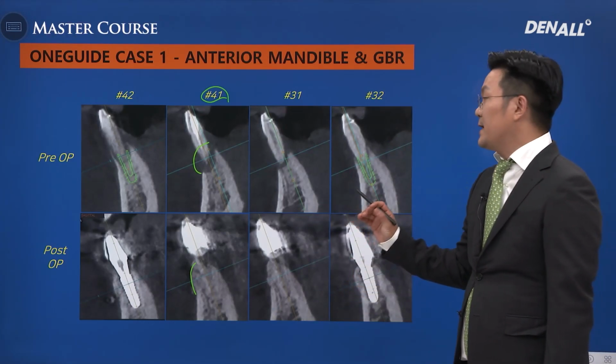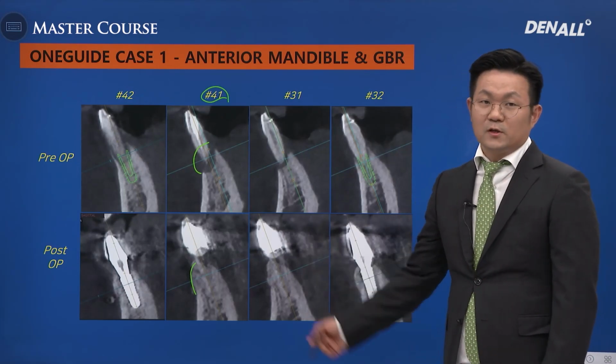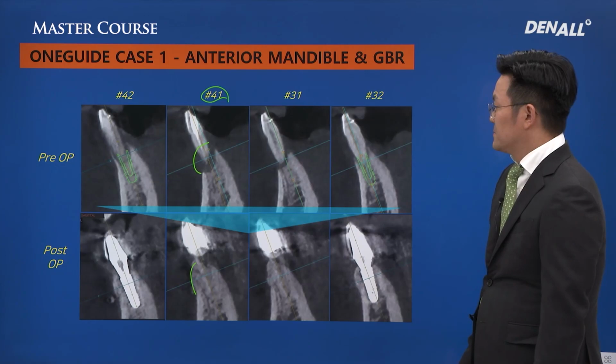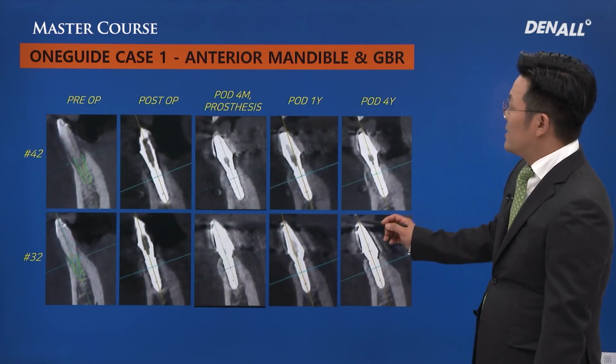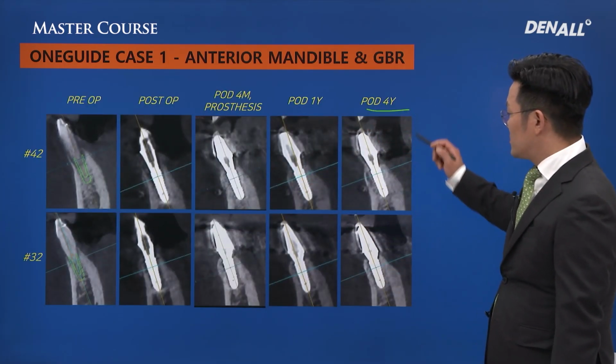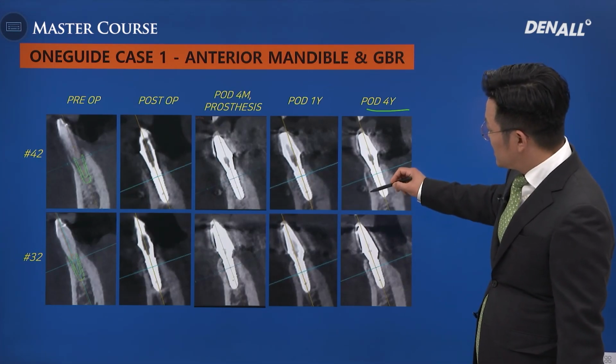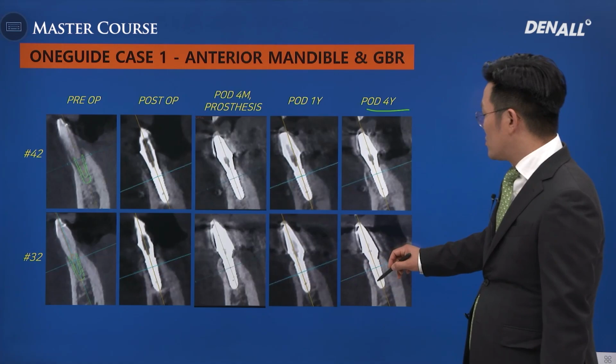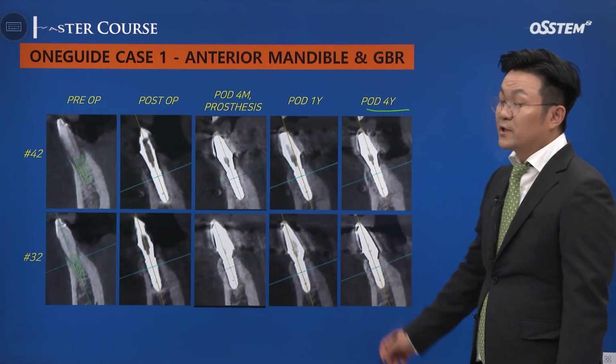And I think that resulted in all these pleasing aesthetic results. So before surgery, after surgery, 4 years follow-up. So in the graft side, there's a cortical line. So the contour is maintained very well.